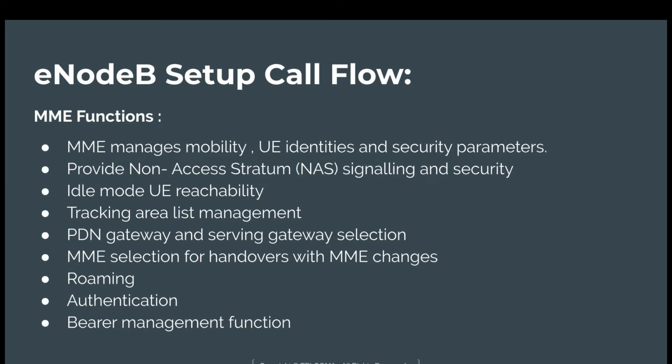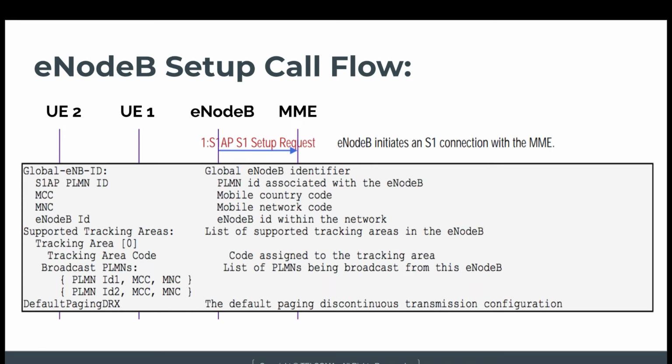So let's start discussing the call flow. This is the eNodeB setup call flow, and all the signaling takes place between the eNodeB and MME. In this call flow I have taken two UEs, or two mobiles, then the eNodeB and MME. The call flow begins with S1 setup.